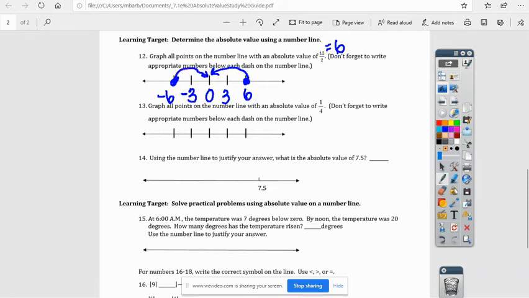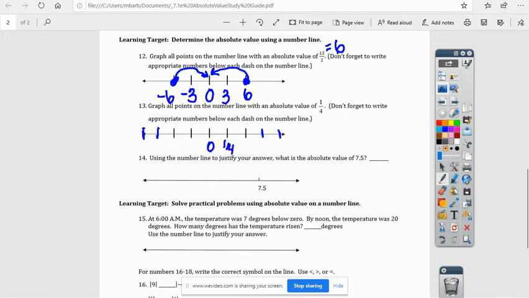Okay, number 13. Graph all points in the number line with an absolute value of 1/4. Don't forget to write appropriate numbers below each dash on the line. So I'm going to put 0 in the center there. And for my reference, I'm going to add 2 more lines on the right and 2 more lines to the left, since it's to 1/4.